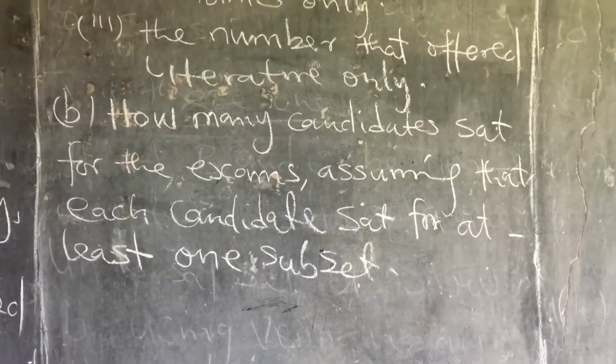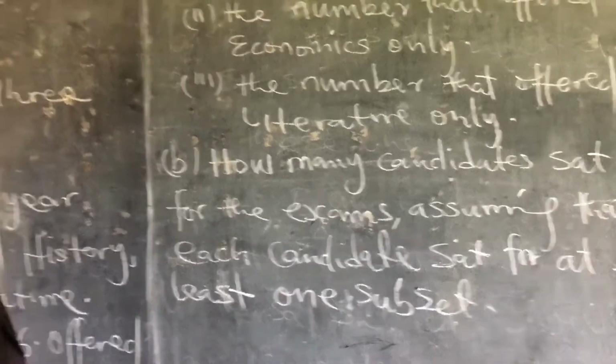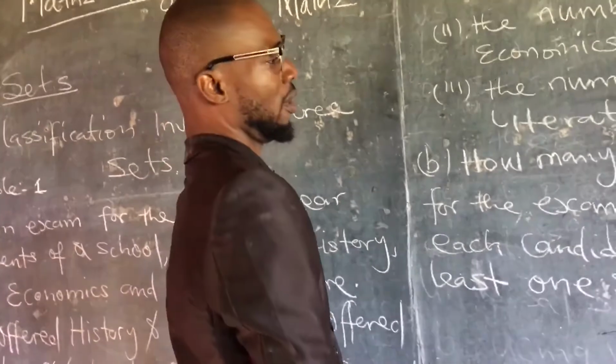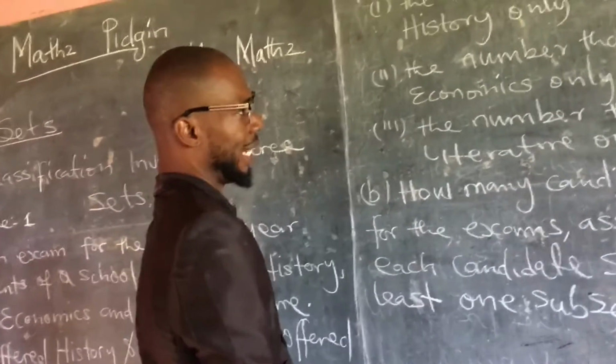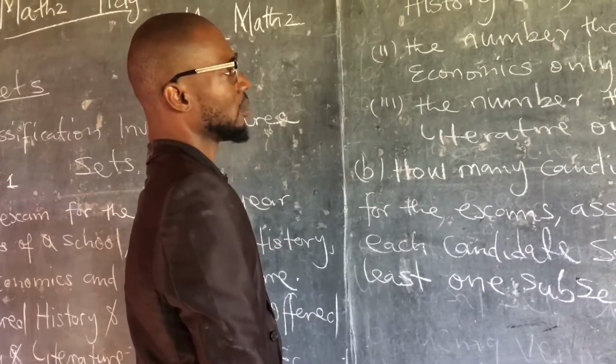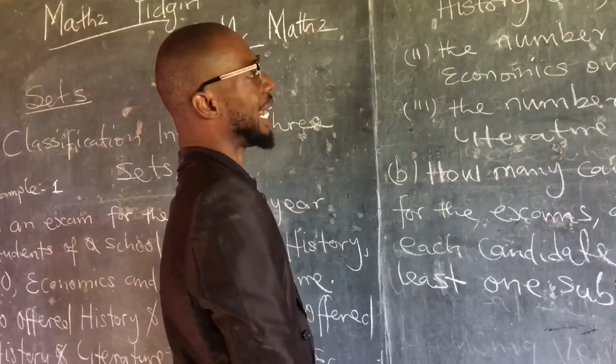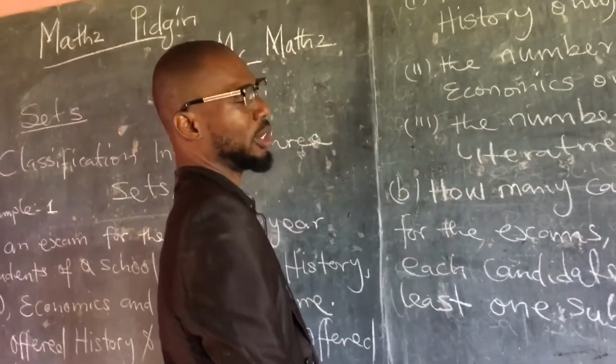Okay, this question, we will use the help of a Venn diagram to answer it. Because for some questions, they will tell you to represent this information on a Venn diagram, or they will give you information on a Venn diagram and ask you this kind of question.